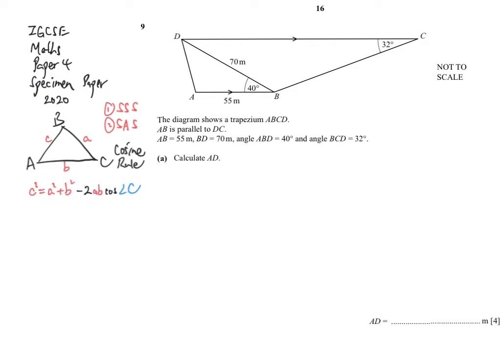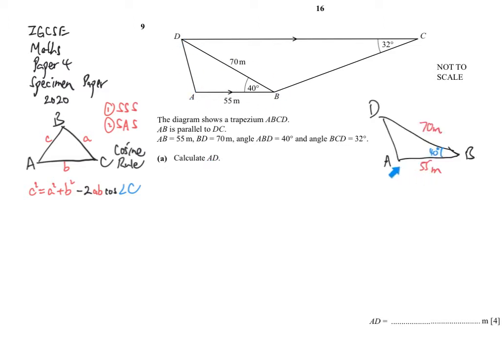Then we need to think about AD. Which triangle contains AD? Obviously AD is here, so it must be triangle ADB or ABD.